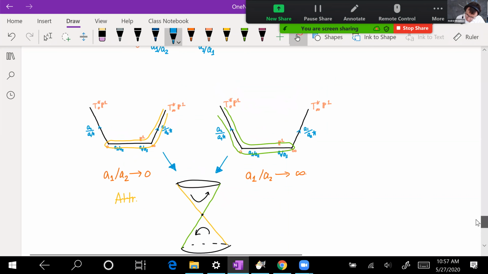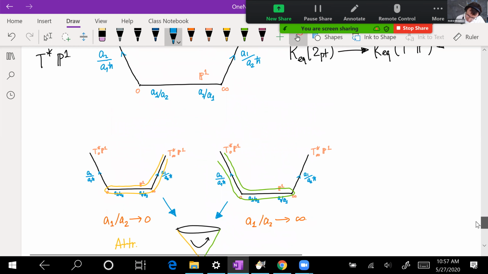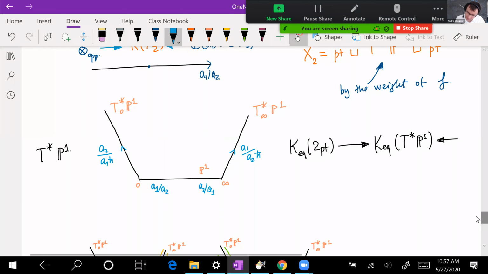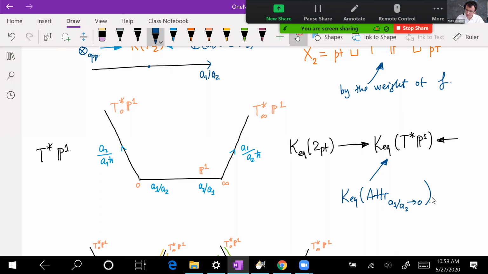And so one part of this picture is that this would be the push forward from the covariant K theory of the attracting manifold. This is attracting as A1 over A2 goes to, say, 0. And then similarly, there's a push forward from the other side.